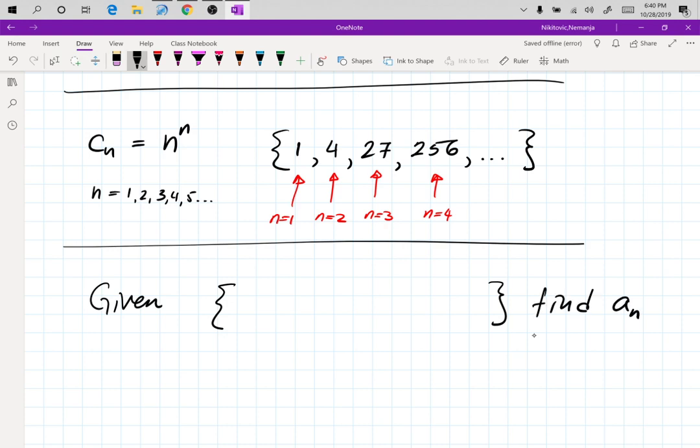So you're looking for a_n. So now let's come up with some sequence over here. This is an easy one. So 1, 1/2, 1/3, 1/4, 1/5, dot, dot, dot.